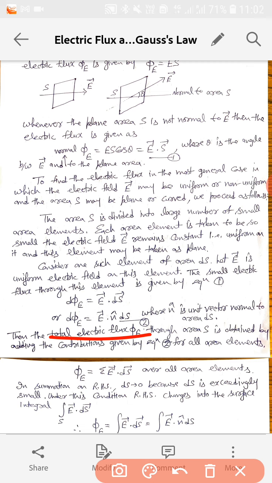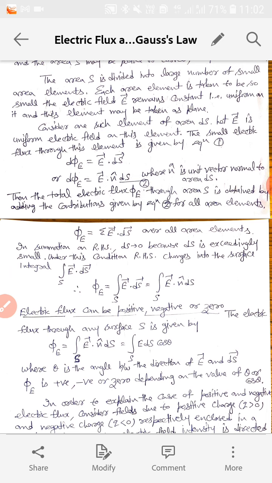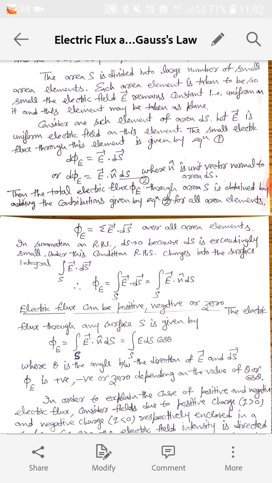Then the total electric flux through area S is obtained by adding the contributions given by all the small area elements. That means we can calculate total phi E as the summation of E dot dS over all area elements.